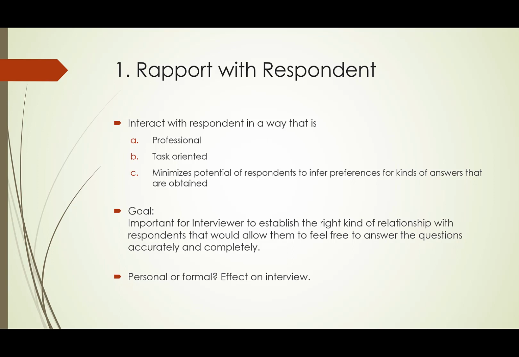So since you all are veterinarians and are most likely more educated than the producer, the respondent, it helps to start on a more personal basis to cut the ice and warm things up a little bit.